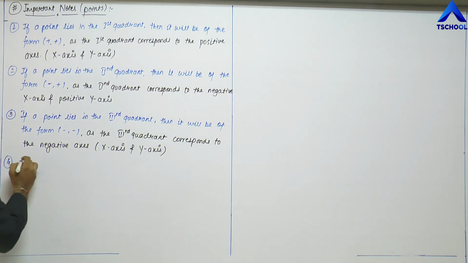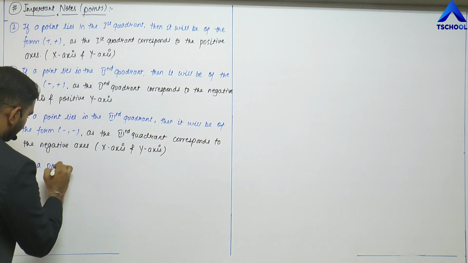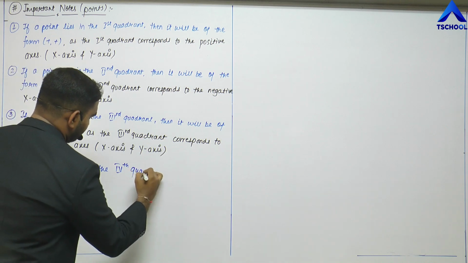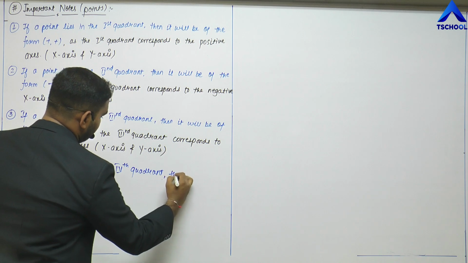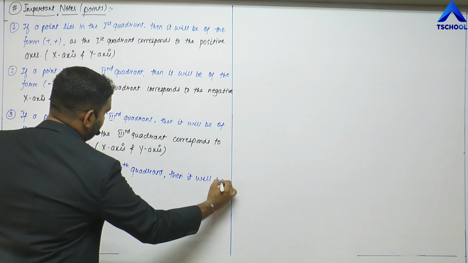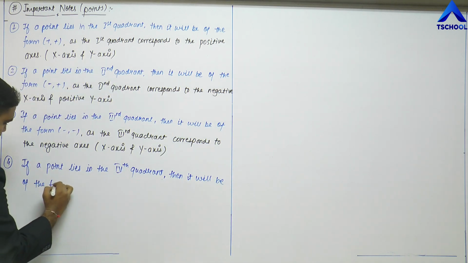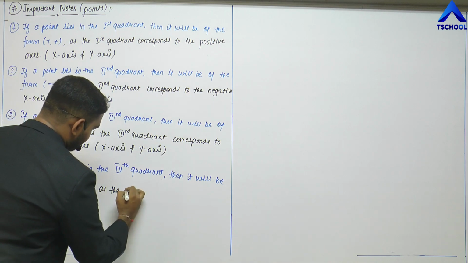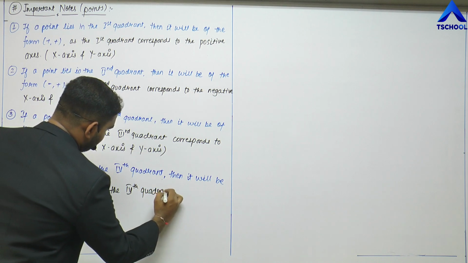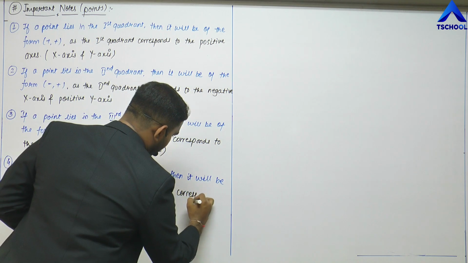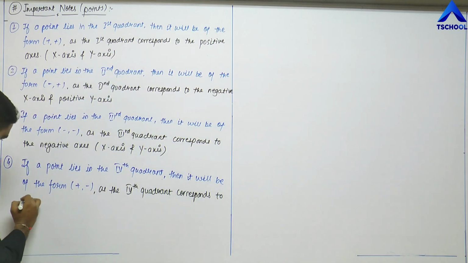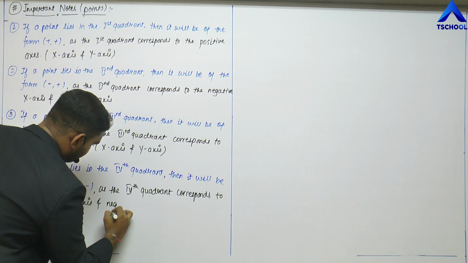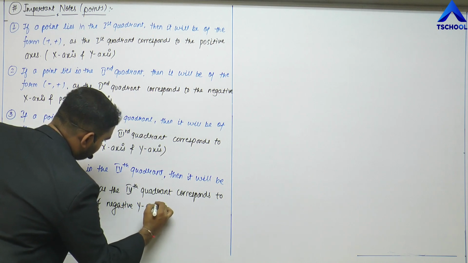The fourth point, that if a point lies in the fourth quadrant, then it will be of the form plus minus, as the fourth quadrant corresponds to the positive x-axis and negative y-axis, right?